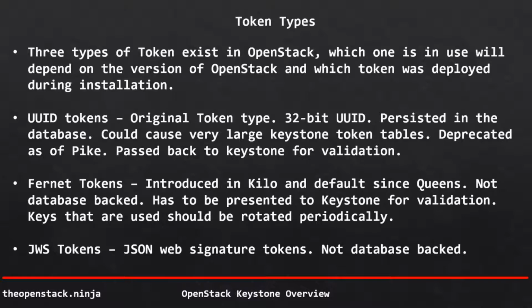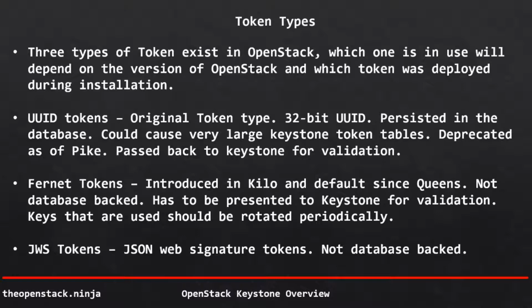It was a 32-bit UUID, and it was persisted in the database. So every time somebody did something that required a token and a token was issued, it was actually stored in the Keystone database, and this could cause that Keystone database to grow quite significantly. If you think, every time something happens and a token is required and given back to an end user, and it has to be stored, without database maintenance taking place, that can grow really large.